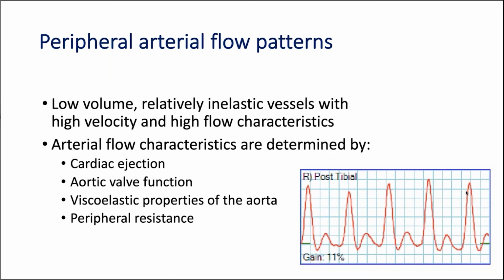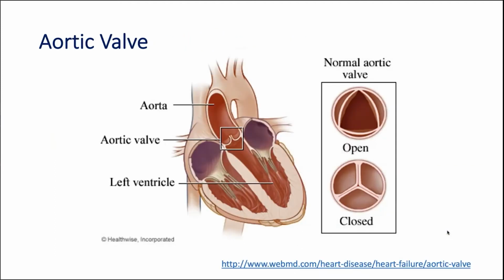The function of the aortic valve is critically important, and I'll show you that in some of the things we discuss going forward, as are the viscoelastic properties of the aorta, again, principally talking about the thoracic aorta. When we look at peripheral arteries, the influence of peripheral vascular resistance is very important, and this diagram here is just a typical simple Doppler waveform of a peripheral artery, in this case the posterior tibial artery, showing a normal high resistance peripheral arterial flow characteristic.